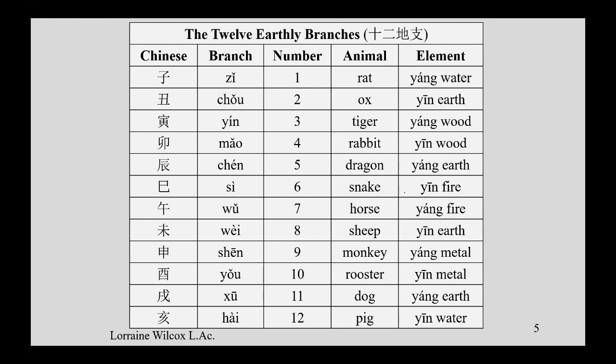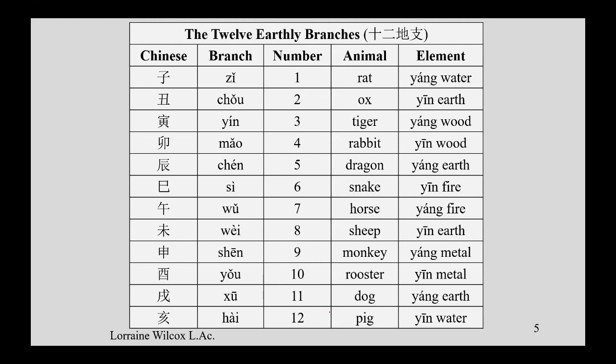I'm sure you're familiar with these already because of the 12 animals. Oh, I was born in a snake year. Oh, you were born in a monkey year, right? Those are stand-ins for the branches. And in fact, if you're professional, you're going to use the branch name. But if you're just talking to somebody who's not a professional, then the animals are easier to grasp.